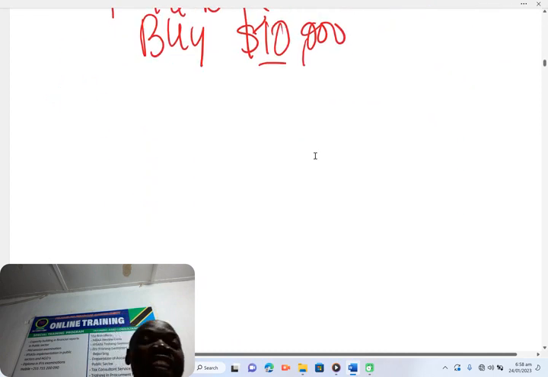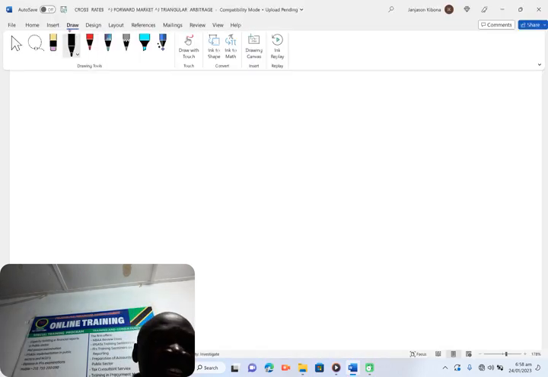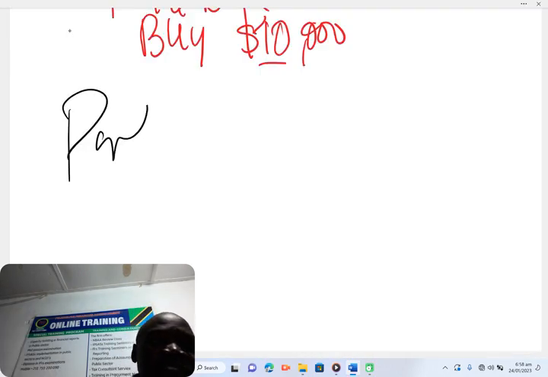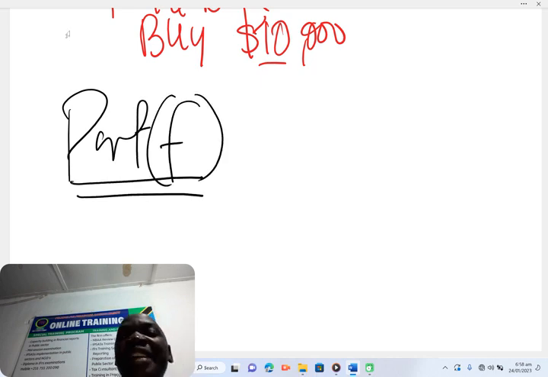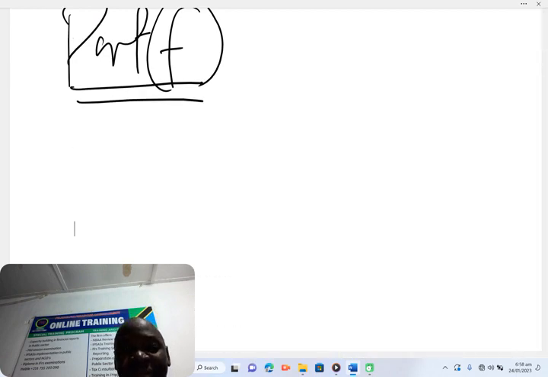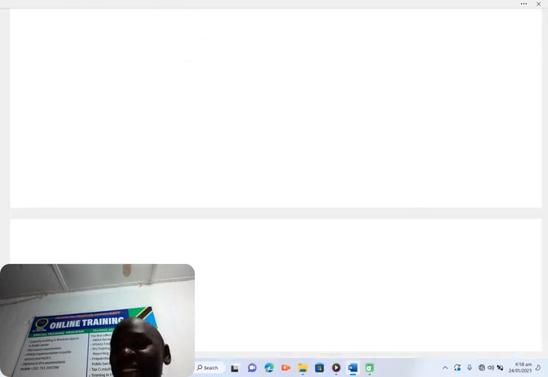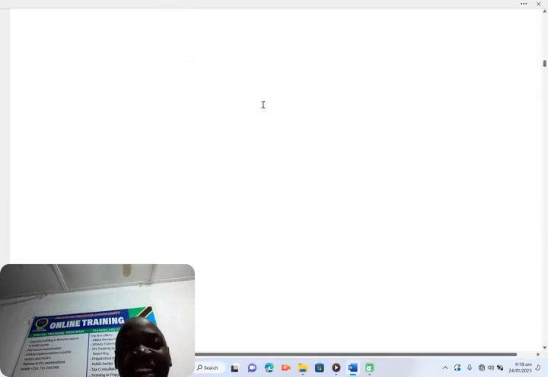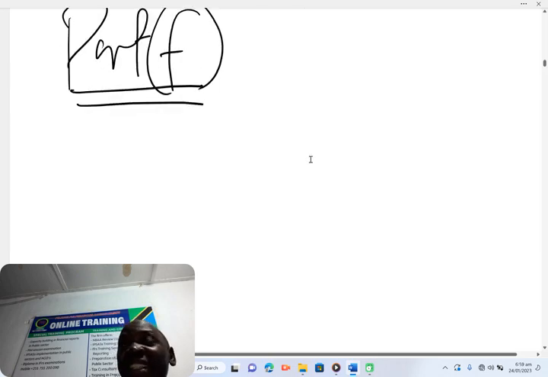Part F, the last one. Remember, the same components will also be observed. Okay, let's see now. It's something very interesting. We started very simple, but now we're growing to the transactions.